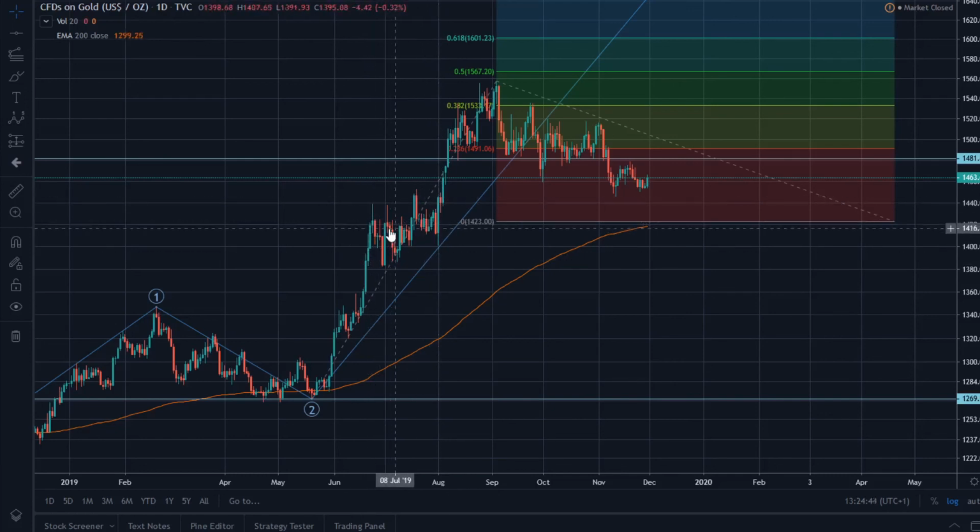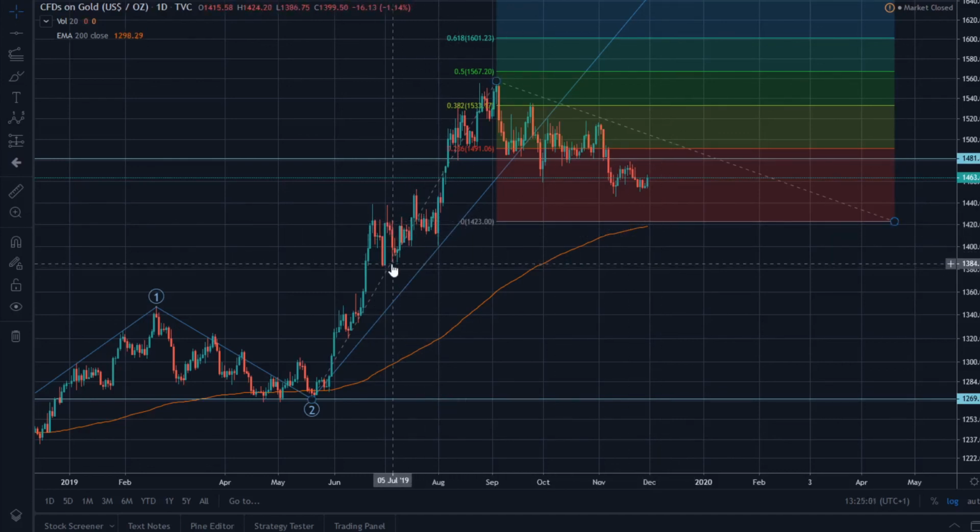This looks very 4-ish, and this seems to me like a wave 4. So obviously if we get into this price range, which is right in the middle of this area, this would be a very good turning point.